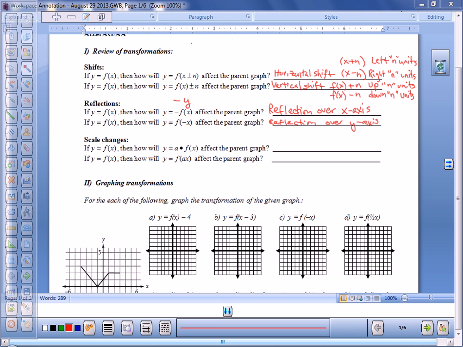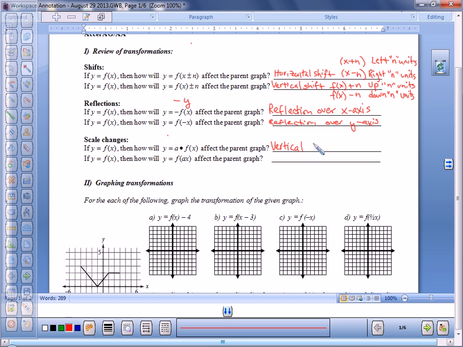Now, when we look at this here, this is when there is a coefficient to our function, when our function is multiplied by a scale factor. Doesn't this look like, hey, I'm multiplying my y's by something? So that is going to affect my function vertically. This is a vertical scale change.